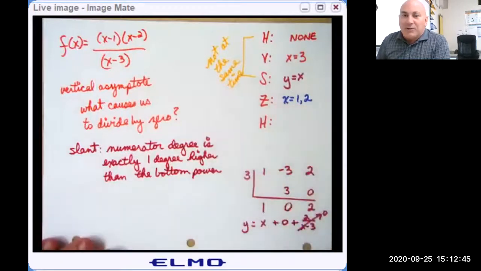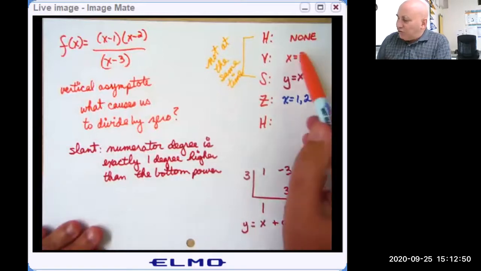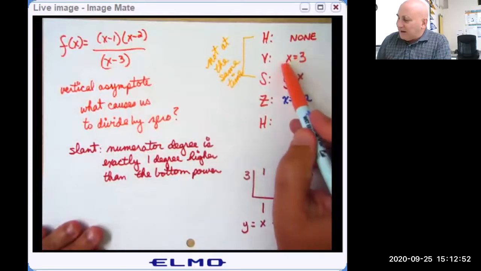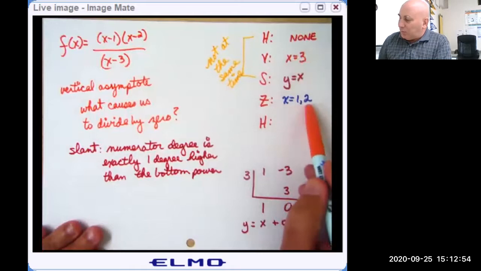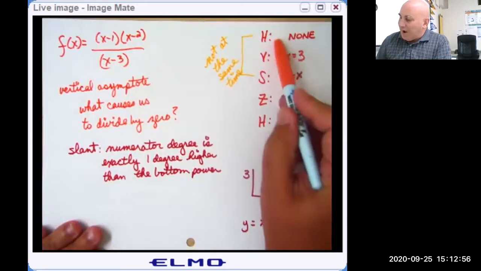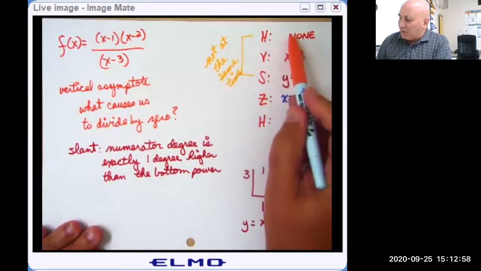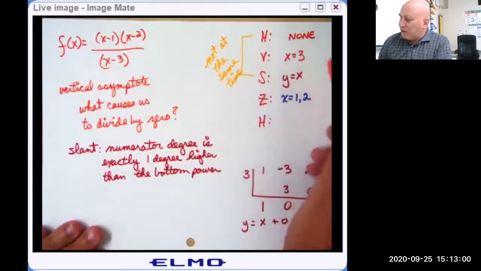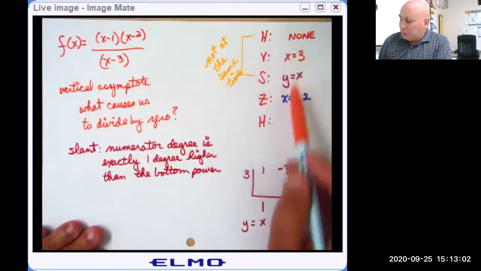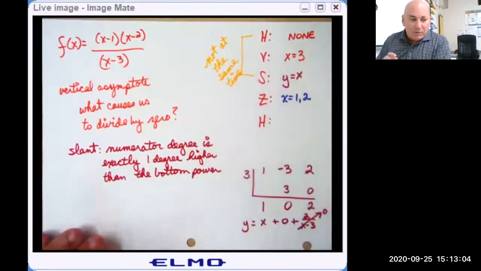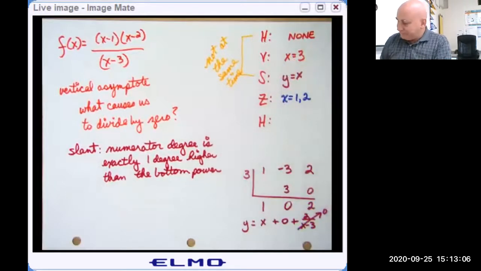So that's the only places where the graph's going to cross the x-axis. Be sure that you write the line x equals 3 and x equals 1 and 2, and y equals something if it's a horizontal, or y equals x. Don't just write 3, 1, 2. You'll see why later.